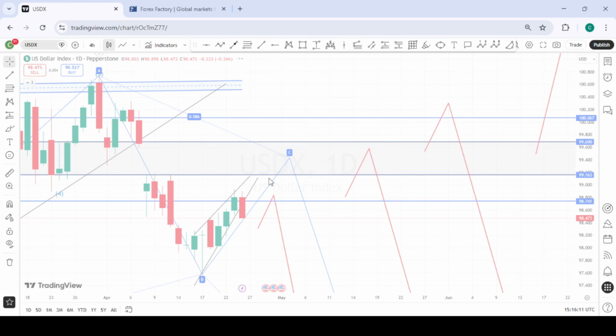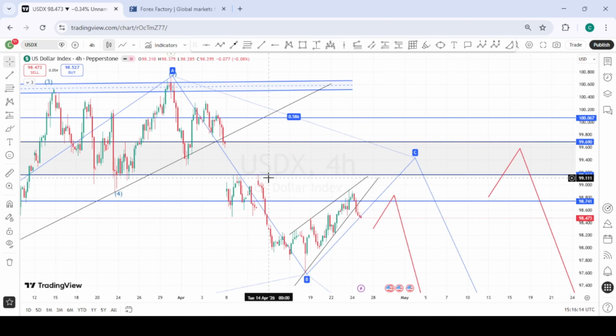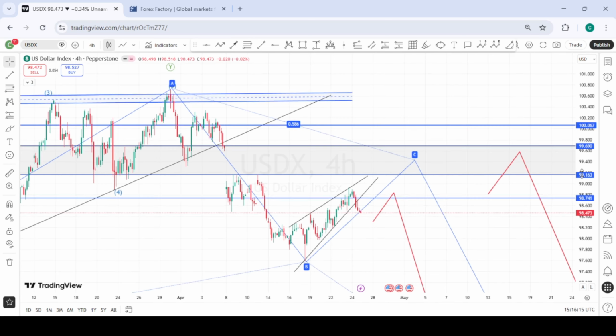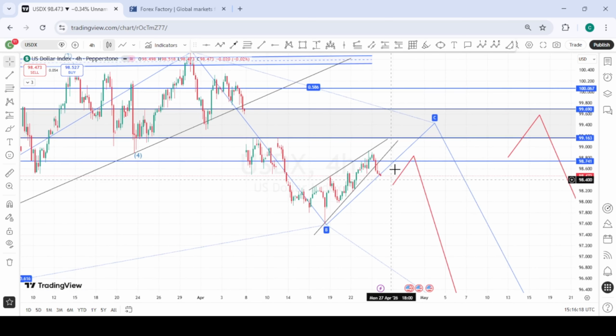So going into next week, this is possibly a bear flag that is developing. We are likely going to see maybe a reversal pattern develop around this area, or we get a lower high formation, and price will just continue to the downside.